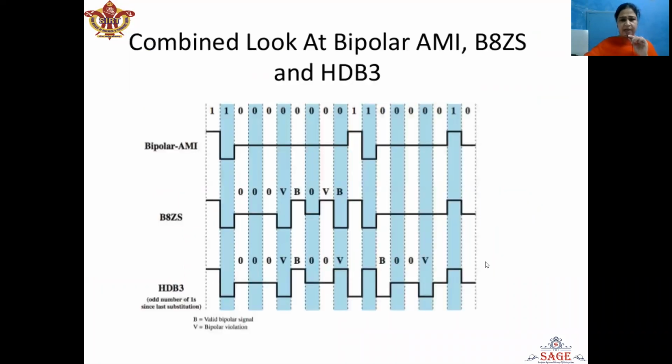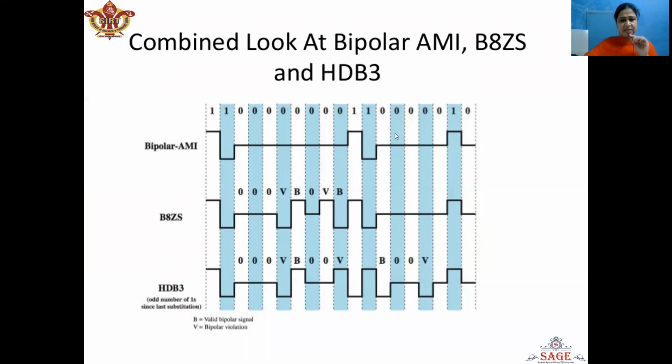Here we will have a combined look at bipolar AMI, B8ZS and HDB3. In case of bipolar AMI, for a sequence of zeros, we have 8 zeros here and the level is not changing. So we will have a synchronization problem because the receiver cannot detect where the first bit has ended and the second bit has started.